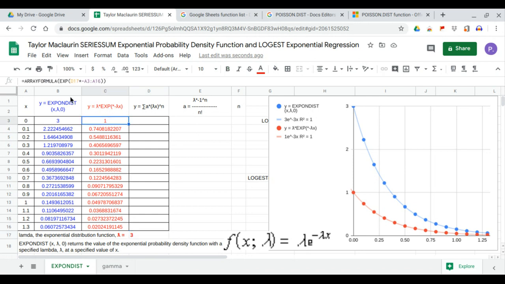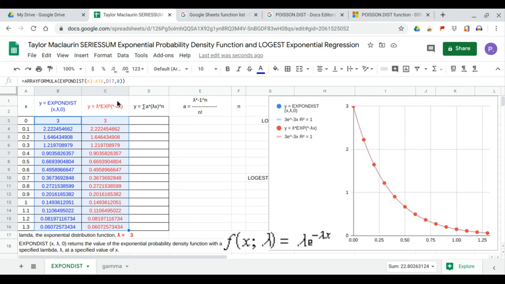So that is times lambda. Now we have used the exponent function. The values are exactly the same. So we expect the same results in the LOGEST exponential regression.